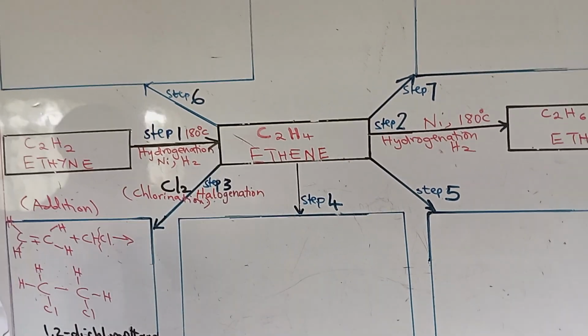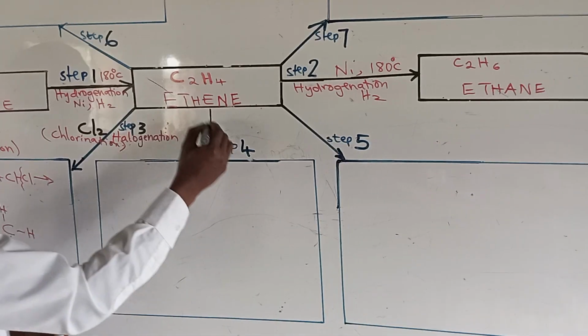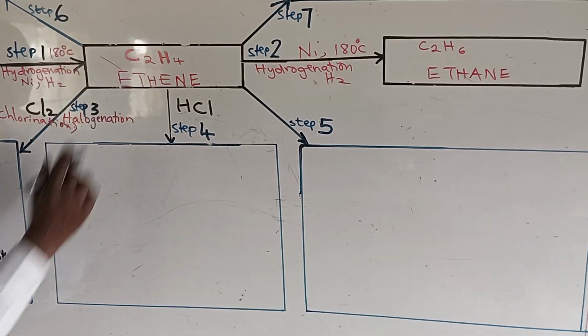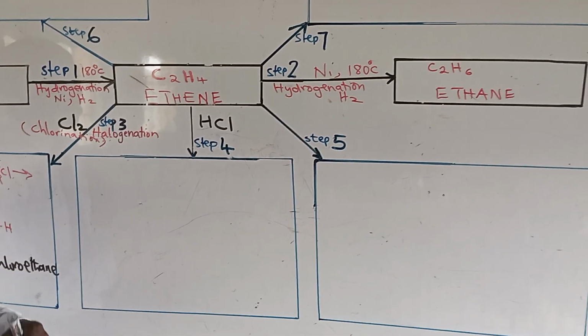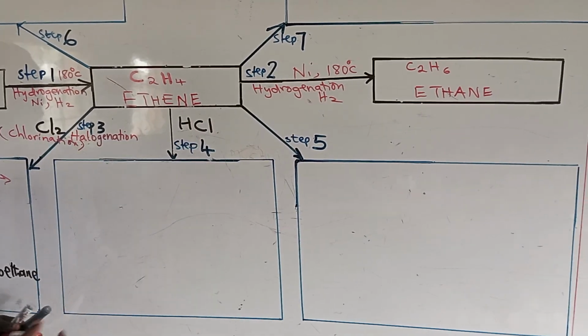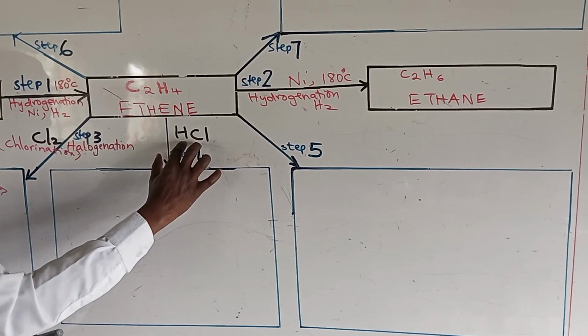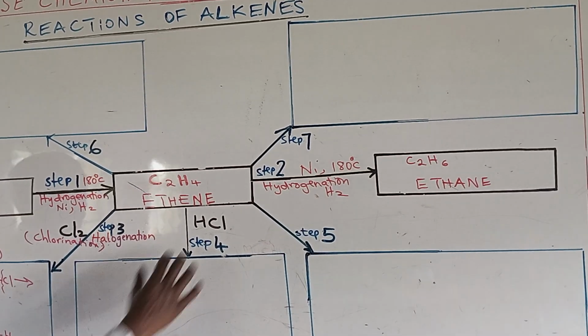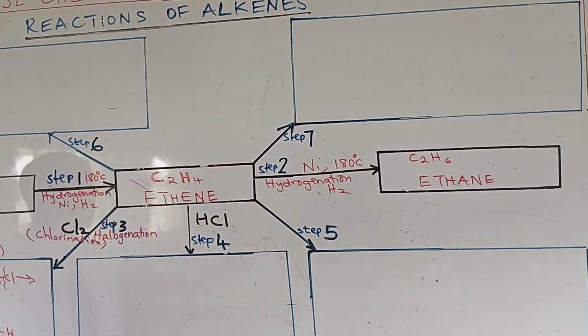We see what would happen if we have HCl being added across the double bond in ethene. Now, HCl, hydrogen chloride, is a type of hydrogen halide.